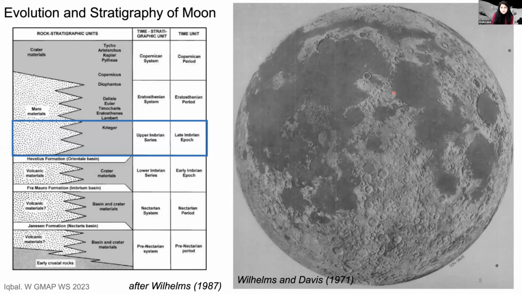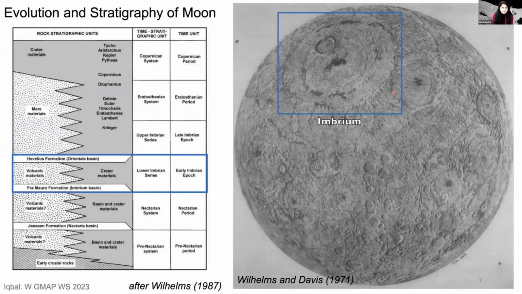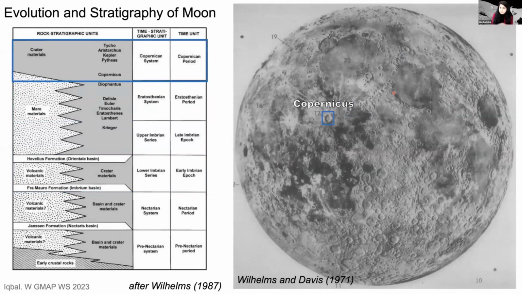The later stratigraphic periods are named after two craters, Eratosthenes and Copernicus. The difference between these two is that Eratosthenes is the older one, which does not show ray patterns. However, the Copernican is the younger one, which shows the ejected material and the fresh ray pattern. So these were the two craters that these periods were named after and divided into.